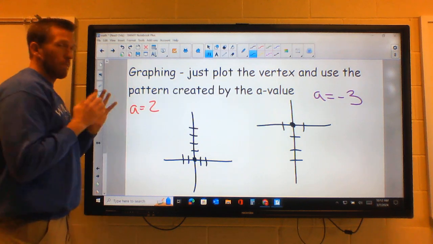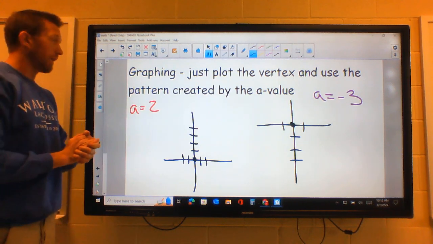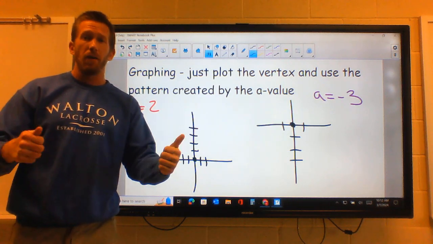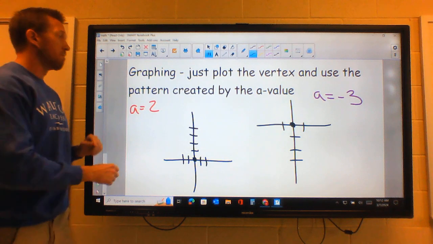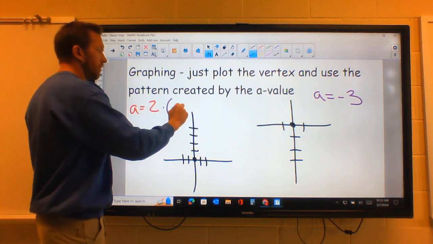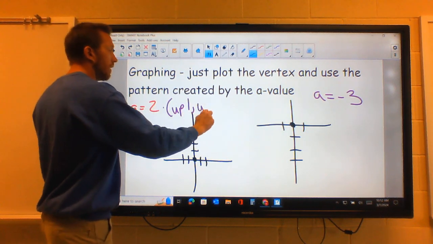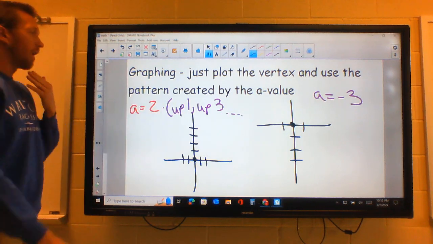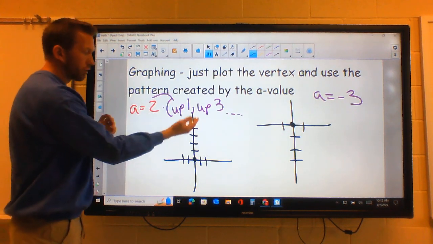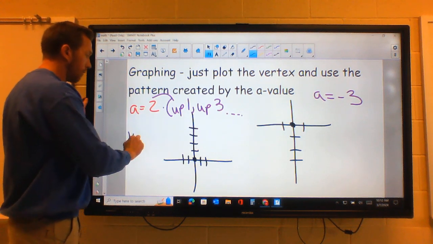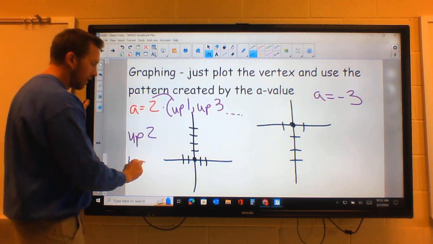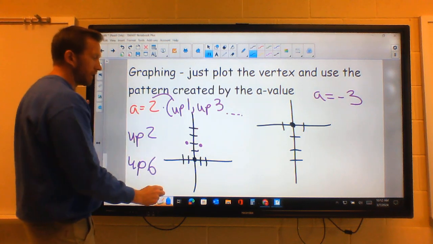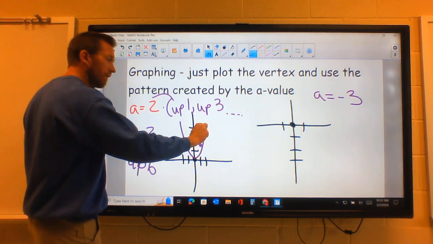If you recall, my quick hint was that our usual pattern is up 1, up 3, up 5. Our a value is a multiplier to that. So 2 times up 1, up 3, etc. But we don't even need to go that far. 2 times up 1 just stretches it. Now it's up 2. So this would have been up 2, up 6. We're just going to plot the next point on each side for now.